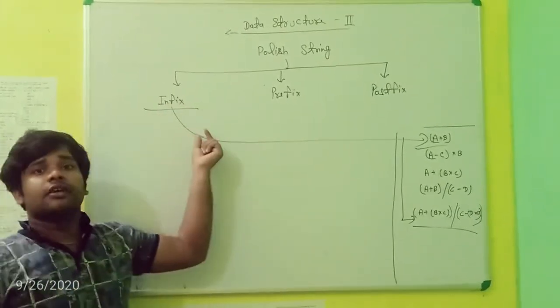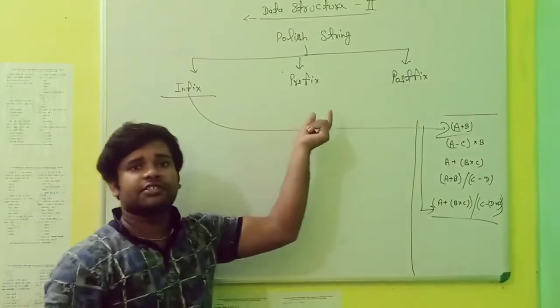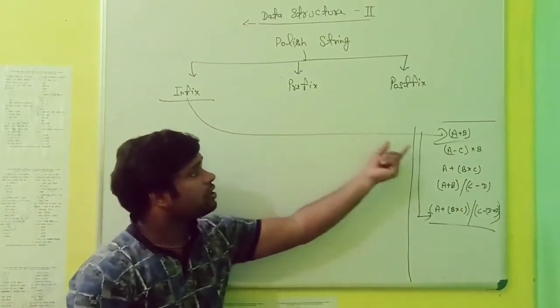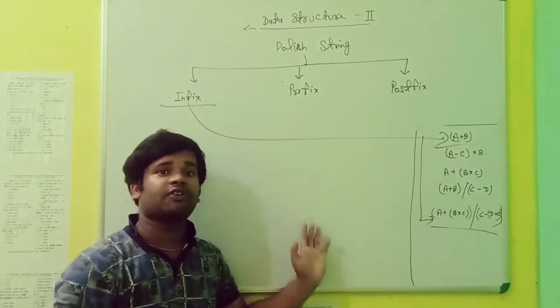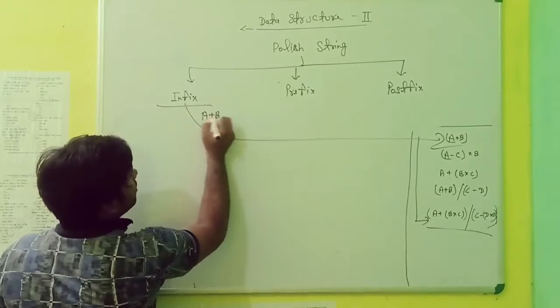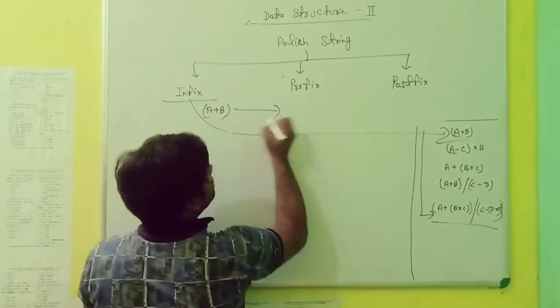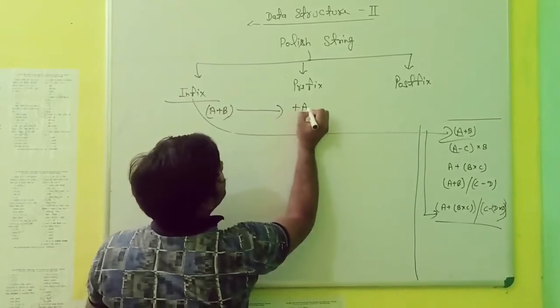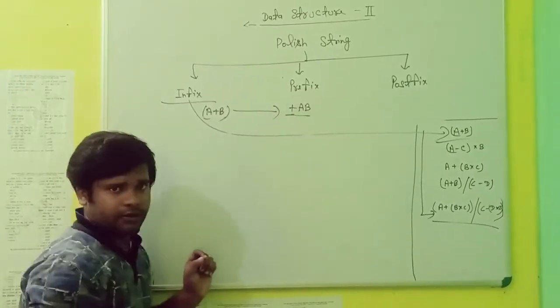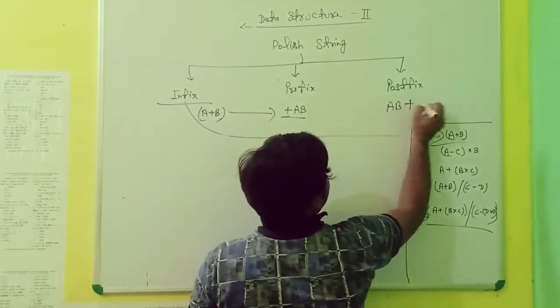The next type is prefix, in which all the operators are written first, after that the operands. Like if infix is a plus b, then the prefix of this expression will be plus ab. This is the prefix expression. And postfix means operands will be at first and the operator will be in the last.